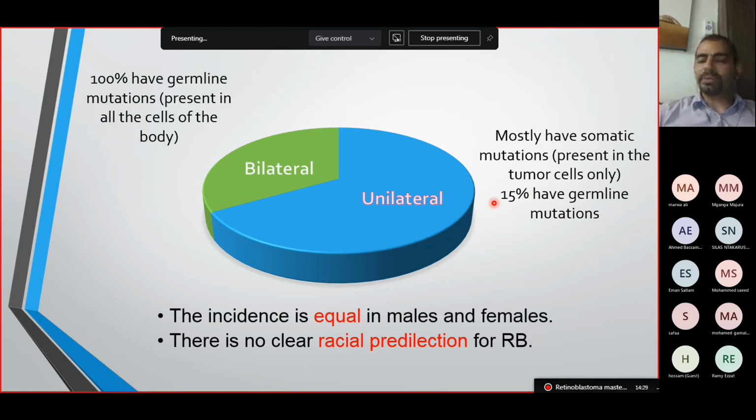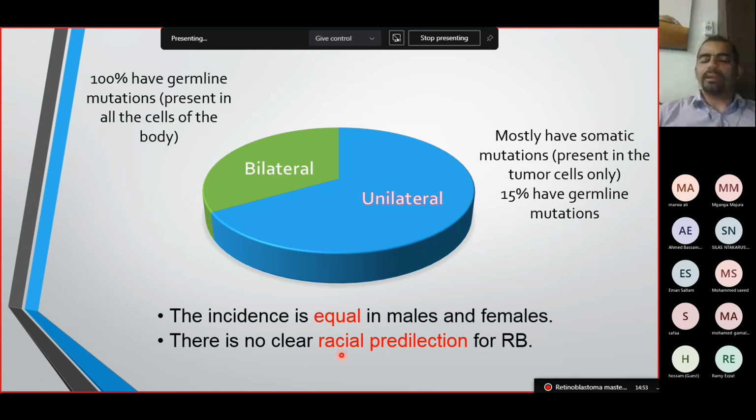And only 15% of them may have a germ-line mutation. In other words, germ-line mutation mostly presents as bilateral retinoblastoma, but can present as unilateral retinoblastoma in 15% of the cases, while somatic mutations will essentially present as unilateral retinoblastoma.